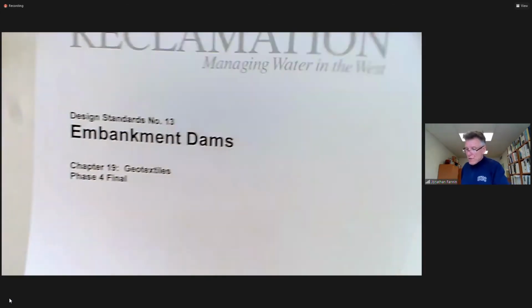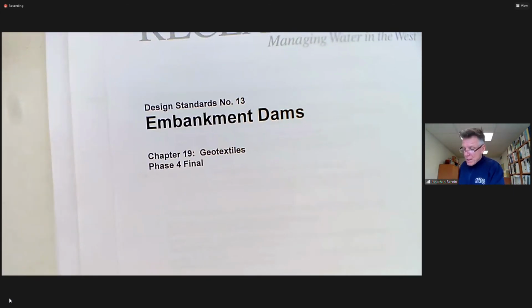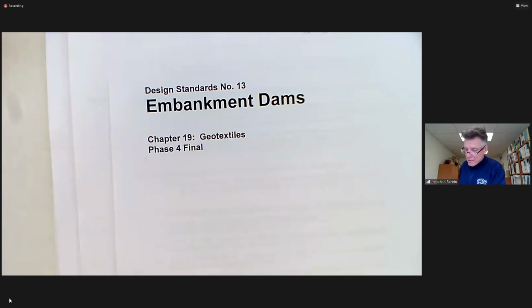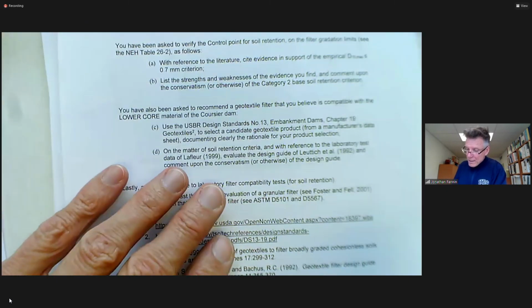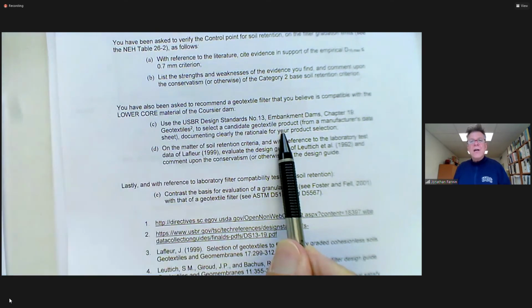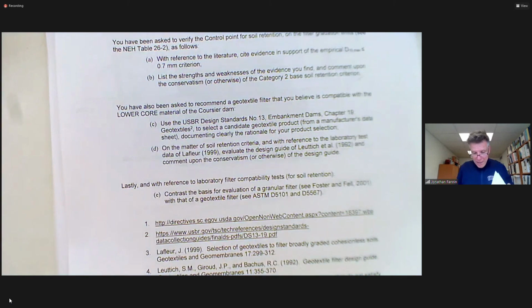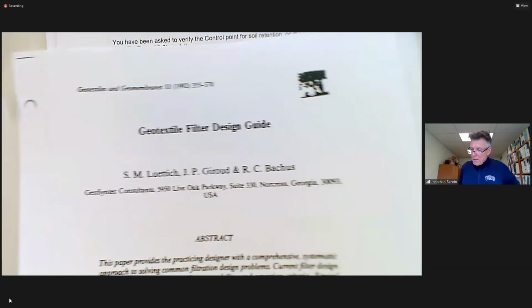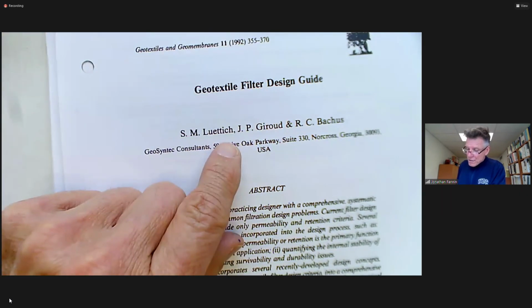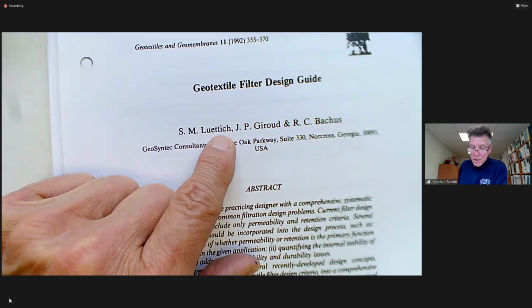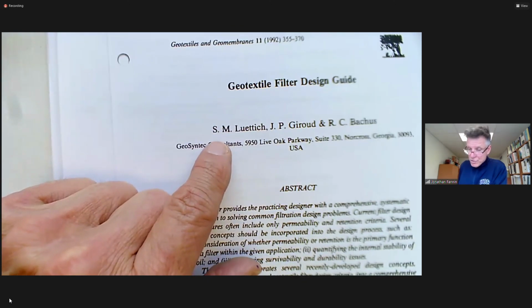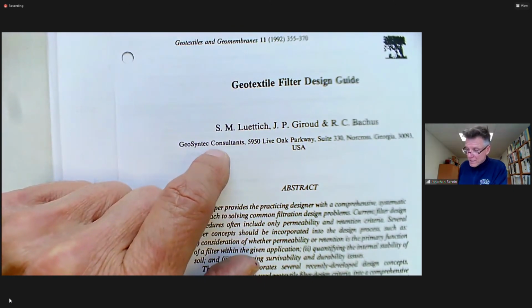I send you in the direction of this document, embankment dams, geotextiles, and I ask you to select a geotextile product as they would direct you to do that. And they, in turn, embedded in their design guidance a geotextile filter design guide that has some absolutely sterling origins in terms of GeoSyntec Consultants out of the US.